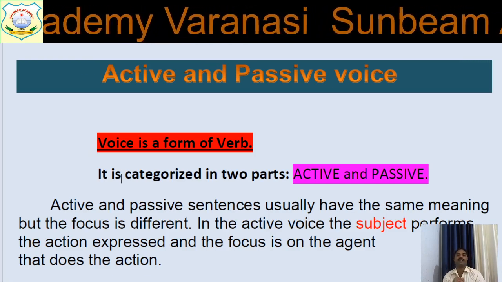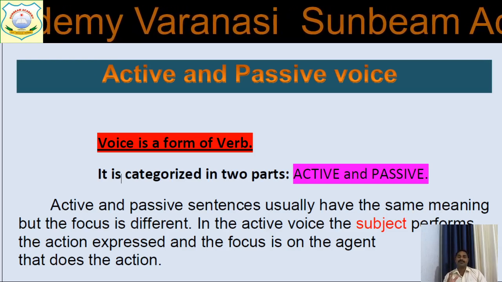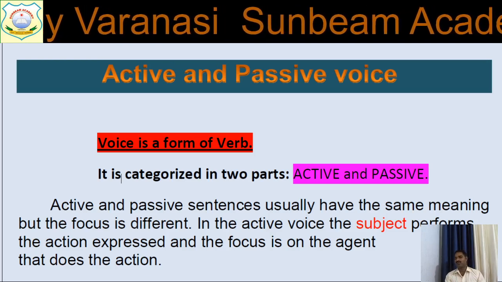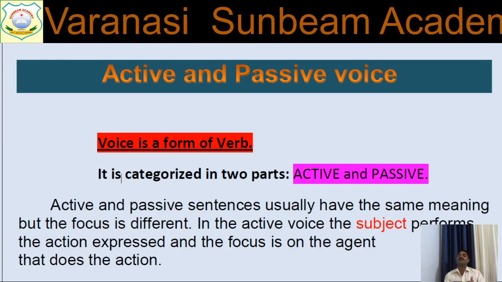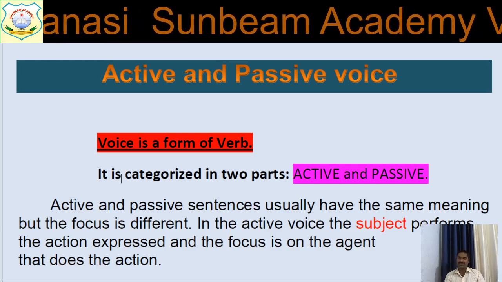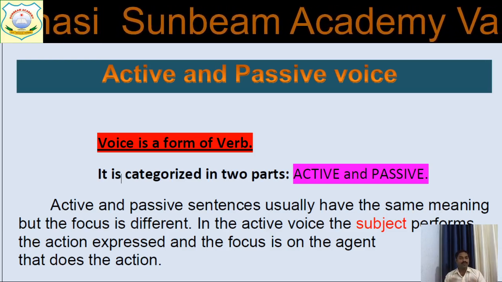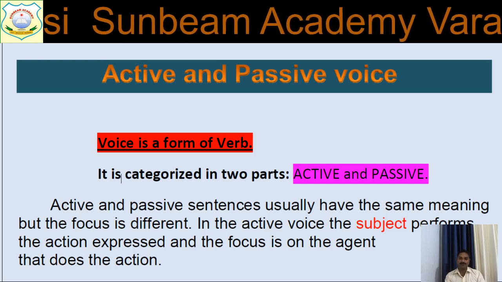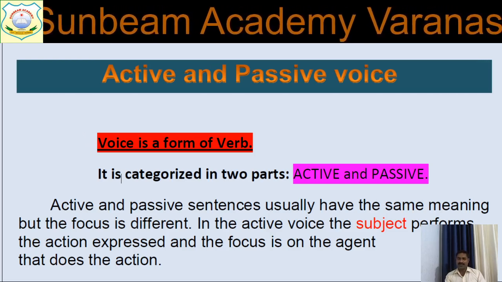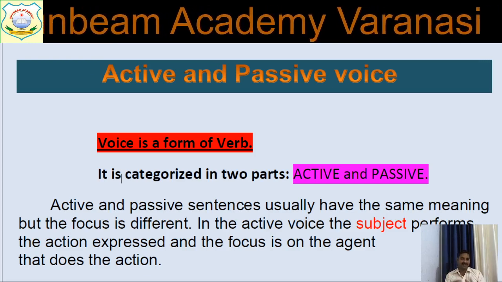So this is the thing only. Okay, so here you learned why we make use of active voice and why we make use of passive voice. The use of passive voice is not only that much. There are many reasons for making use of passive voice. So the first one I told you is when you want to highlight the activity.